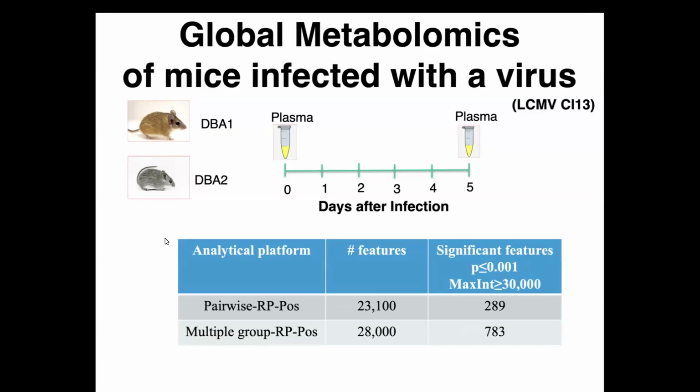After using the cutoff with p-value less than or equal to 0.01 and mass intensity greater than or equal to 30,000, there were 289 significant features obtained for pairwise and 783 significant features obtained for multiple groups.